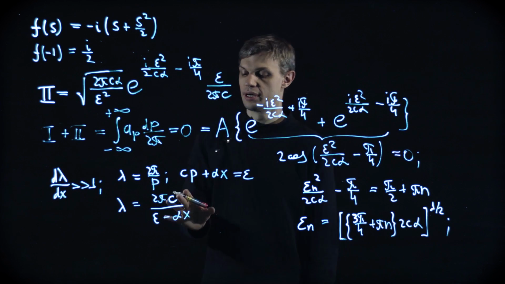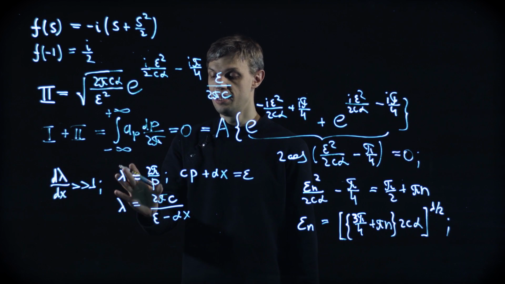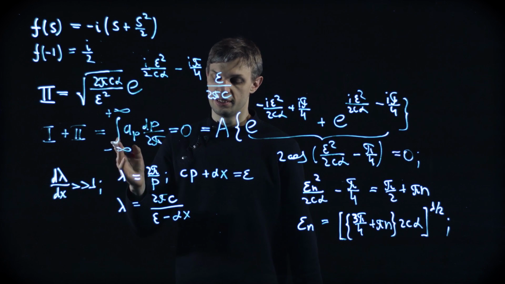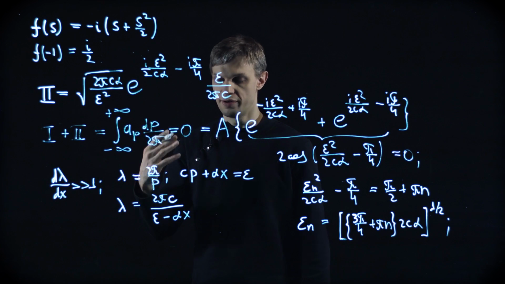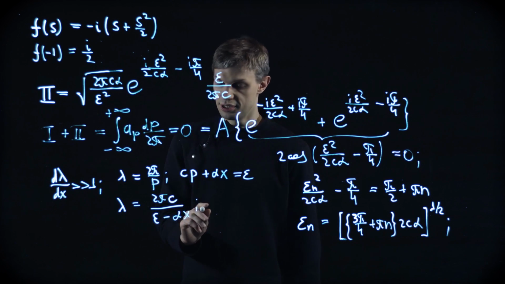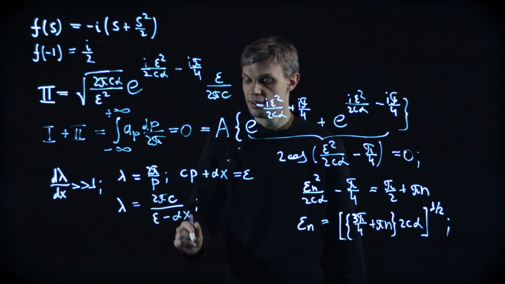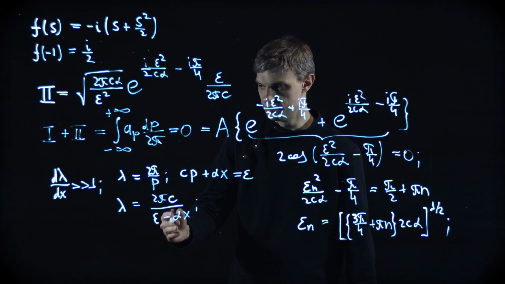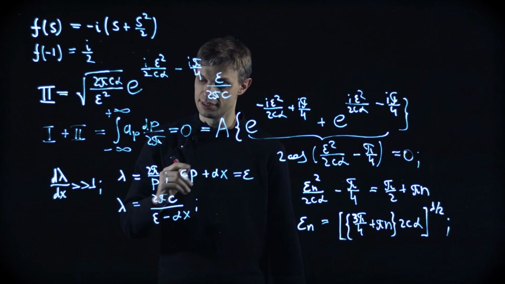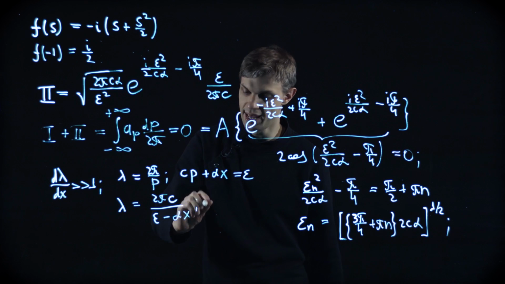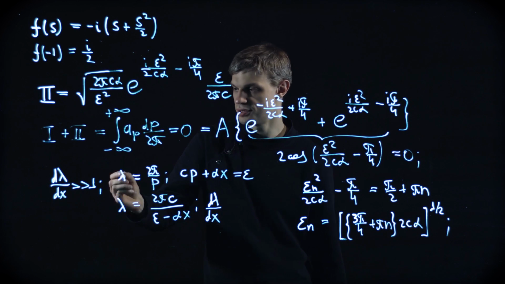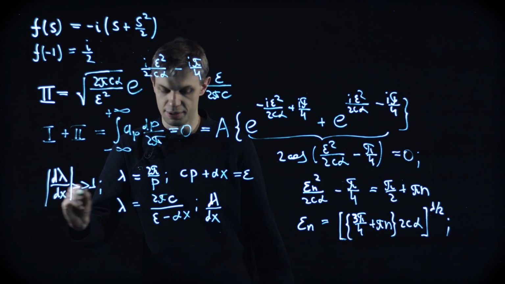So obviously, if x, the coordinate, is large, then lambda is small, and this condition is satisfied automatically. And that means that the motion of our particle is semi-classical for large values of x automatically without any additional conditions. But if x is rather small, then we can actually discard this term, and then this condition gives us the condition for semi-classical approximation. Okay, so let's compute d lambda over dx. We are interested actually in the modulus of this expression.